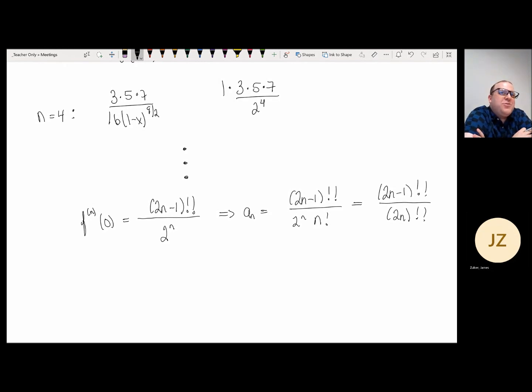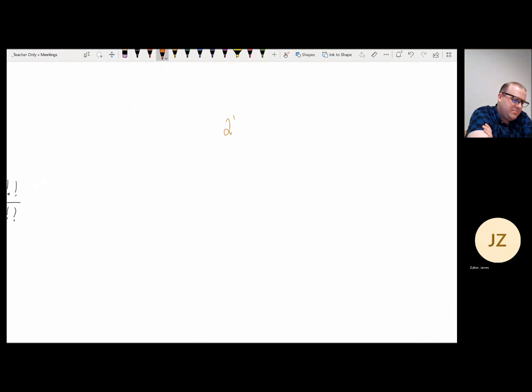2 to the n times n factorial is 2n double factorial. That's a 2 to the n, which is just 2 times 2 times 2 times 2, right? There's n of them.